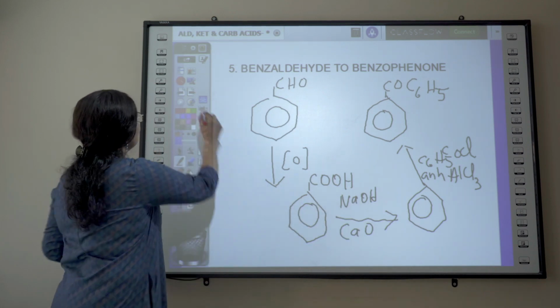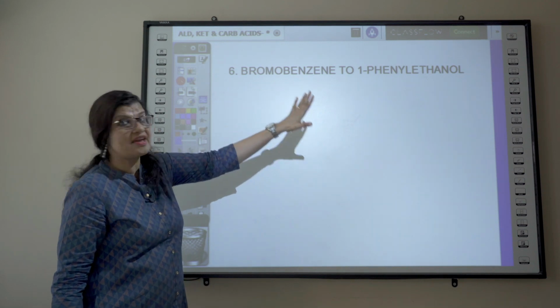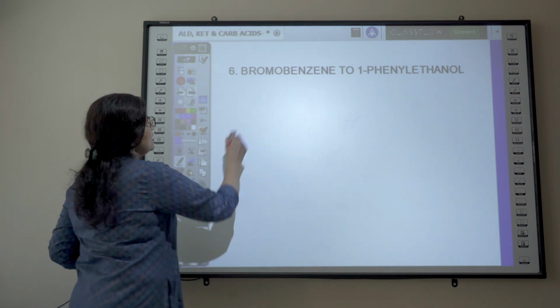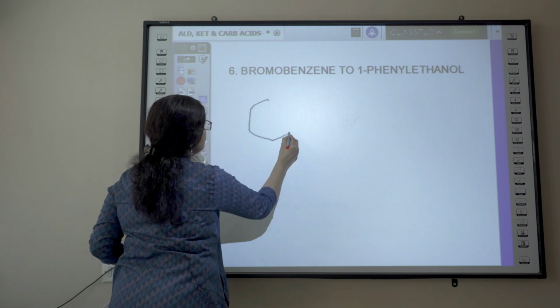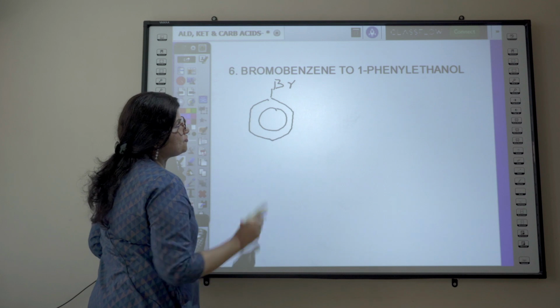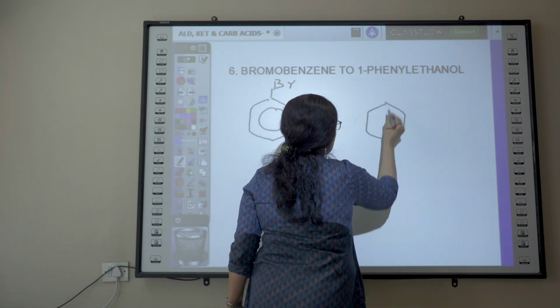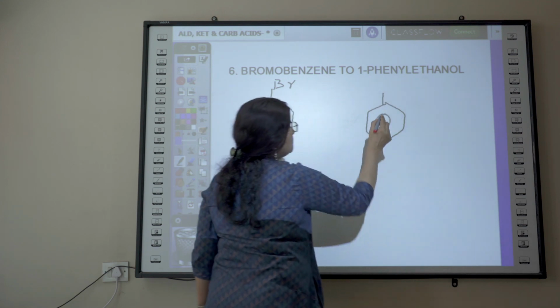All right. Next, bromobenzene to 1-phenyl ethanol. So let's start with bromobenzene, with bromine here, to 1-phenyl ethanol. So, the phenyl group is at the first position.